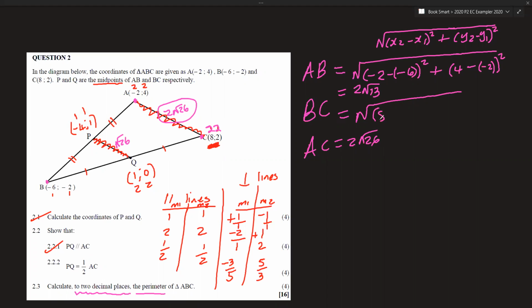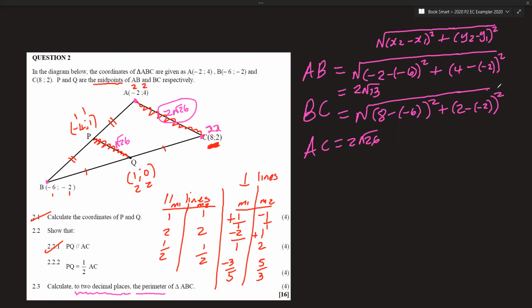So my x2 is 8 minus my x1 is -6 squared plus y2, which is 2, minus y1, which is -2.